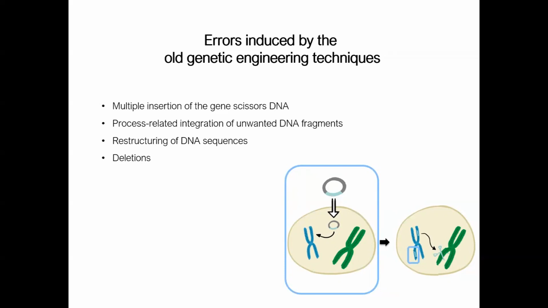In addition, the composition of epigenetic markers can be changed. Epigenetic markers are small appendages to DNA or proteins that regulate gene activity. In this way, applications of old genetic engineering can therefore have an impact on the regulation of gene activity. All these errors have been described in the generation of genetically engineered plants using old genetic engineering techniques.